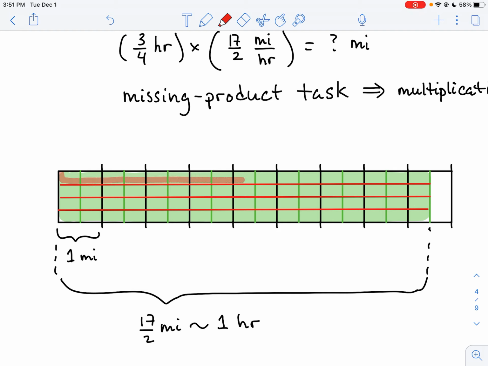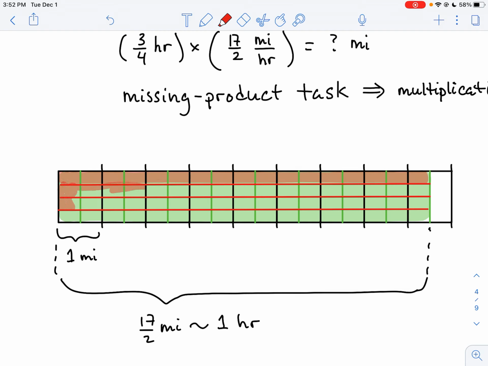Okay, and let's do some shading in red. So here's 1/4 of an hour shaded, because remember that the entire green that I had shaded initially corresponded to 1 hour. So there's 1/4. Now I want to do 3/4 though, so I also get to shade in 2 more quarters.